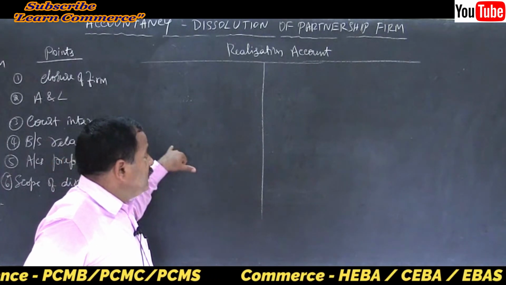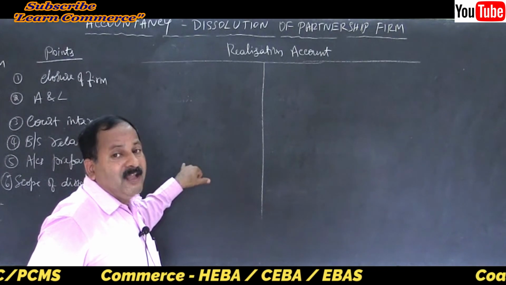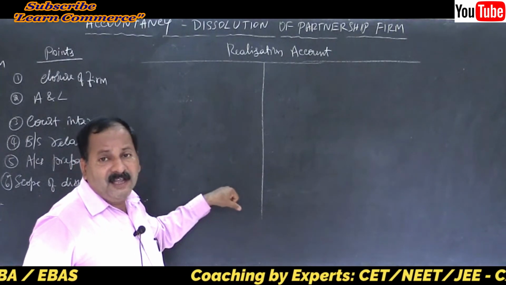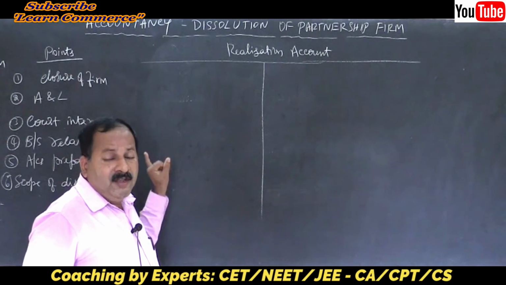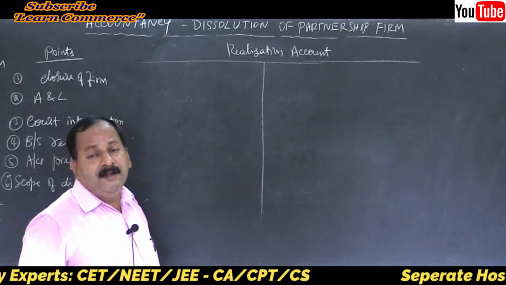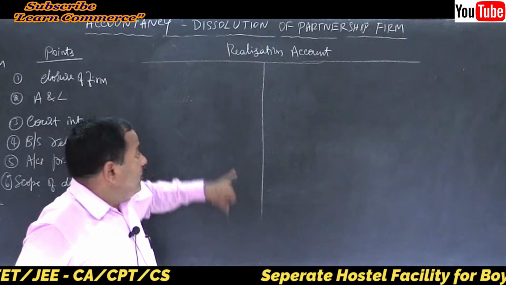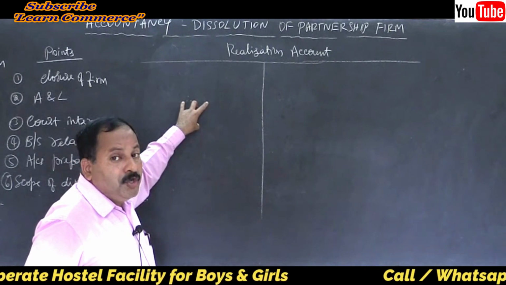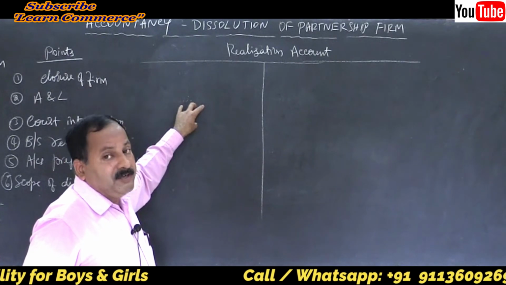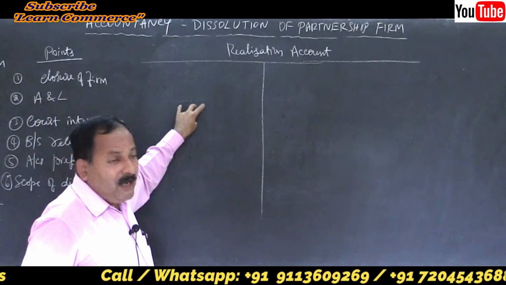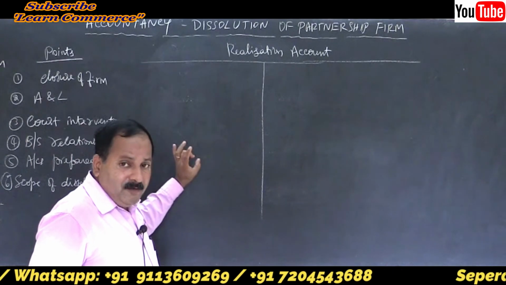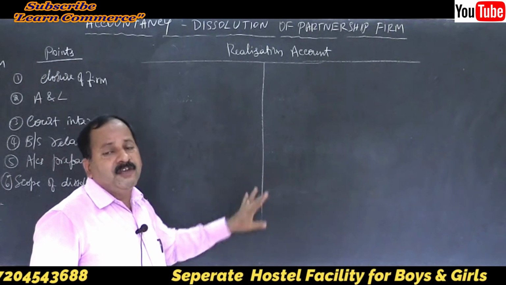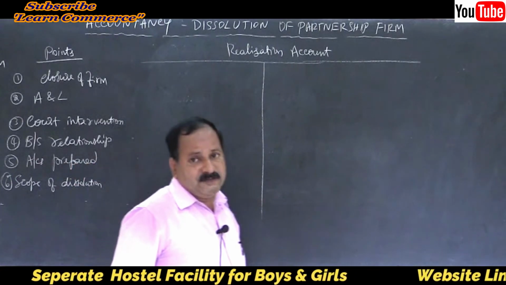So you just give credit to the partner's capital account, that is, realization account debtor to A's capital account, liability taken over, creditors taken over. That is the entry you have to pass. And remember, you should not make payment to the creditors yourself. Straight away you have to pass the entry: Mr. A's capital account, creditors taken over. That is the entry you have to pass.